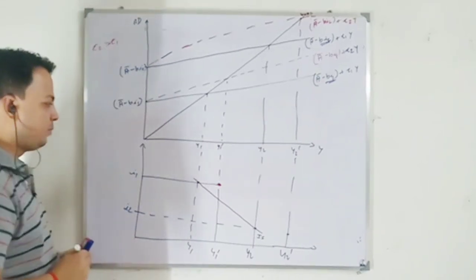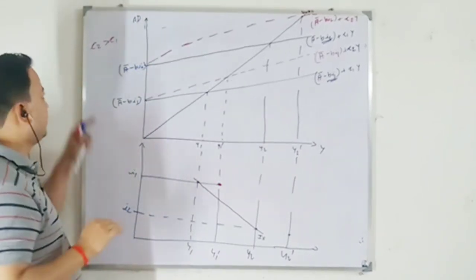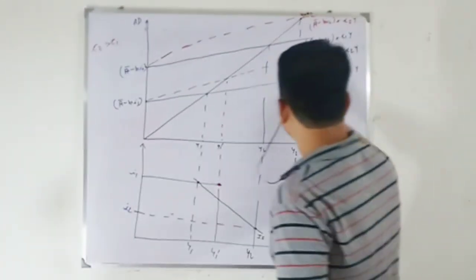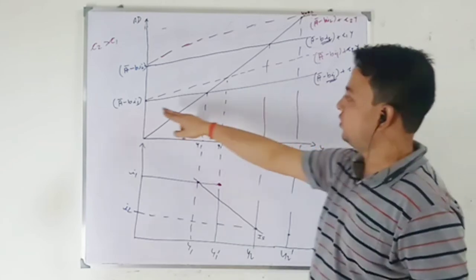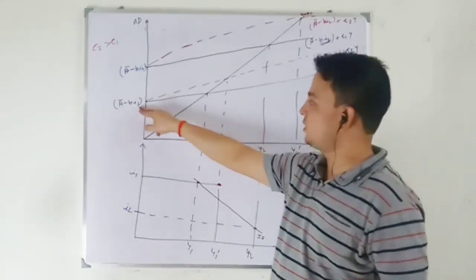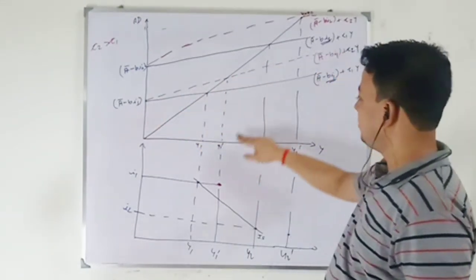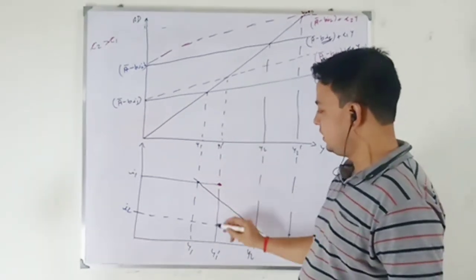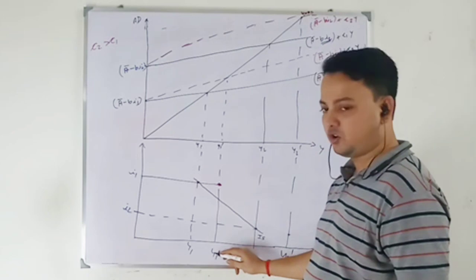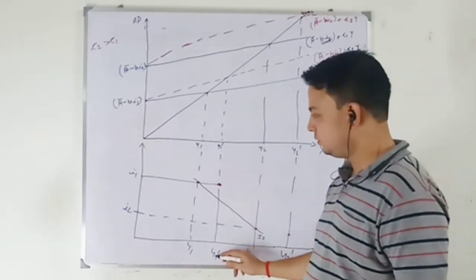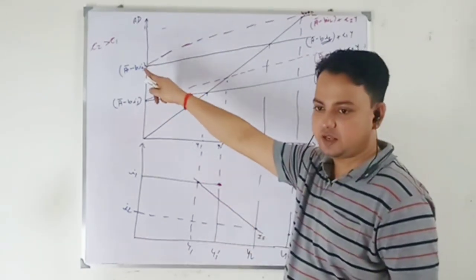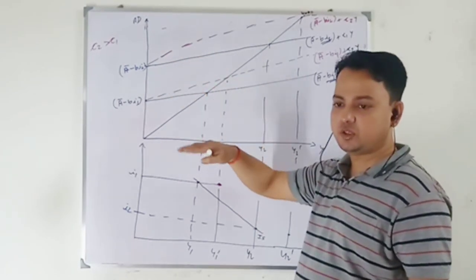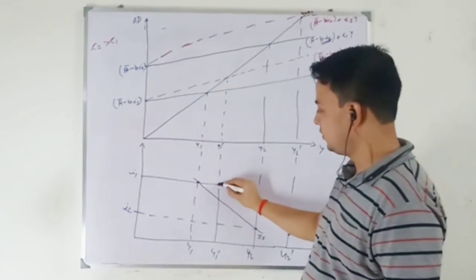When MPC increases, leakage reduces. So for the same interest rate I1, the high rate of interest, when MPC increases, equilibrium output increases to Y1 prime. So you join this rate of interest with higher equilibrium income. Why? Because MPC is higher. When MPC is higher, leakage reduces, so your multiplier value increases.